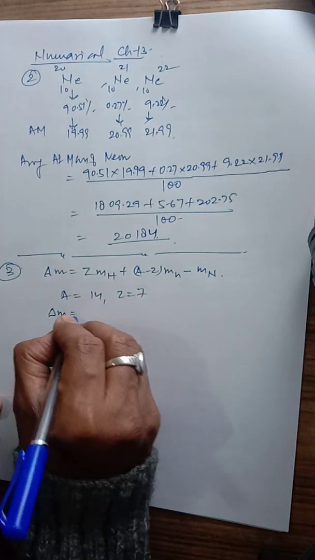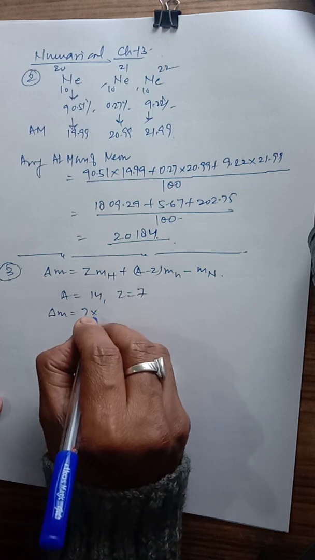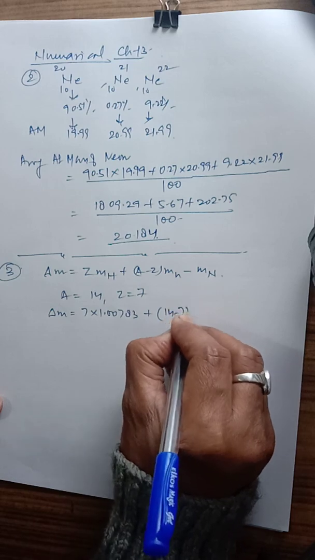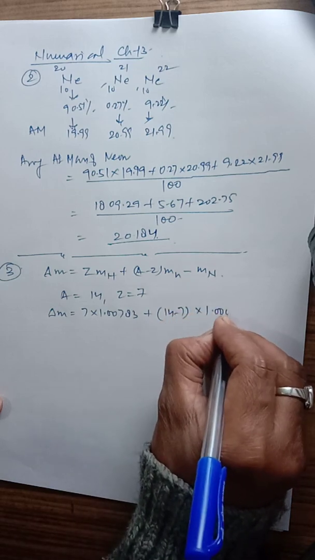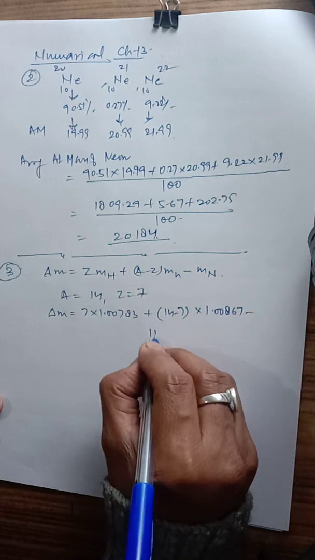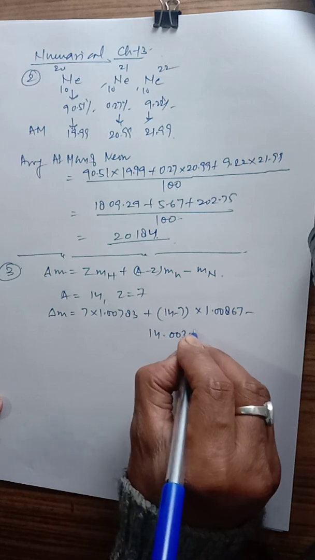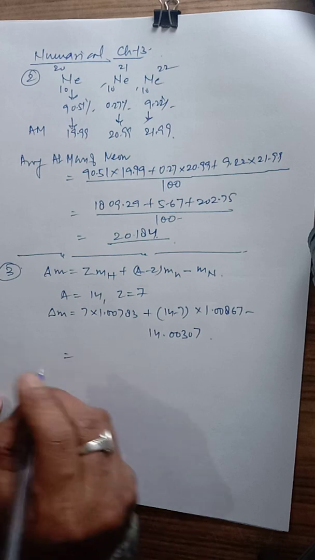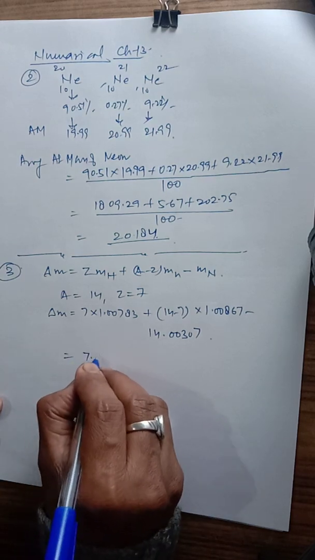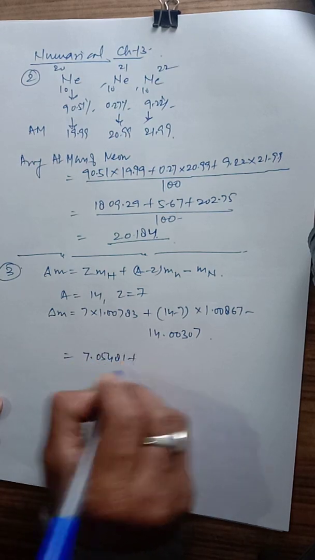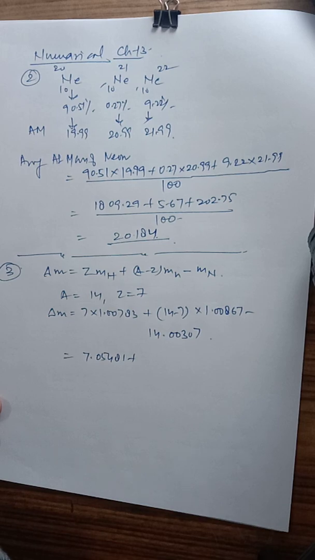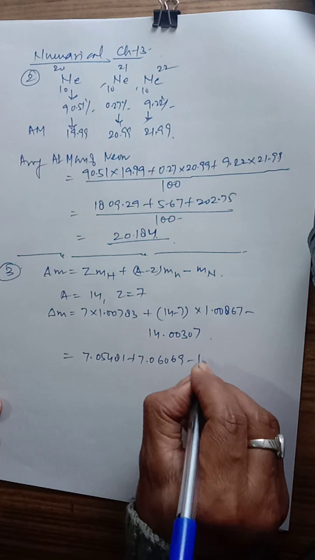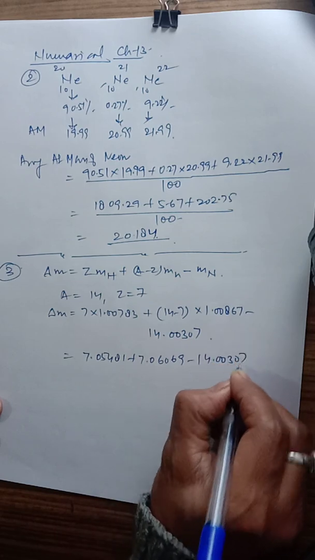So delta M is 7 into 1.00783 plus 14 minus 7 into 1.00867 minus 14.00307. So 7.05481 plus 7.06069 minus 14.00307.